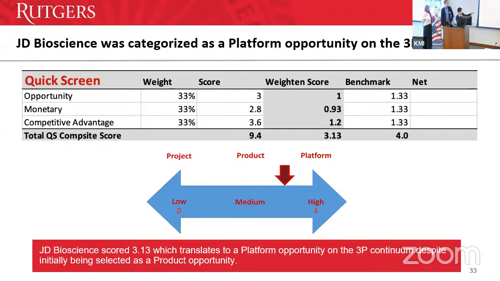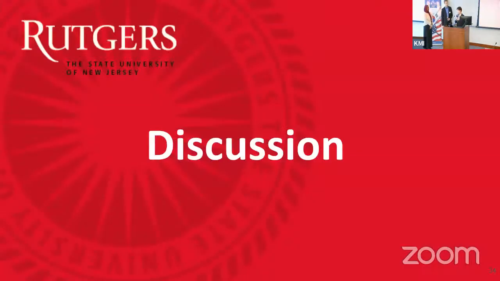And this scale sort of represents the maturity. So the farther right you go, the more mature the program. And that just speaks volumes to the maturity and also the potential of the asset as well as the company itself. And with that being said, I'll hand it over to Ryan to close it off.